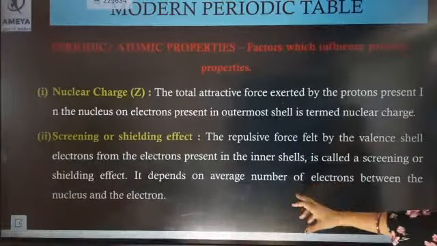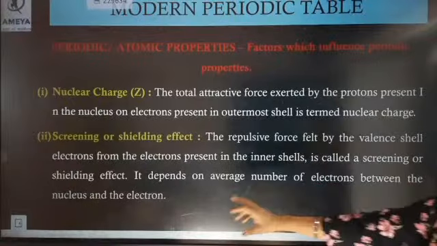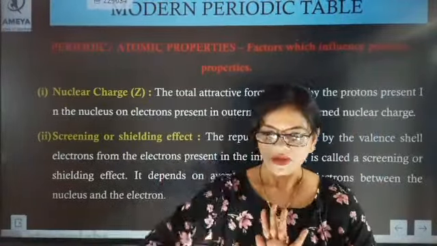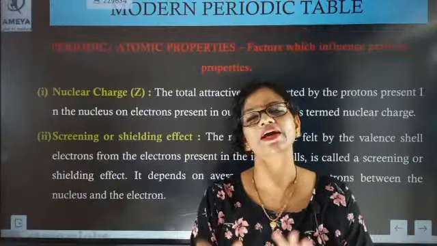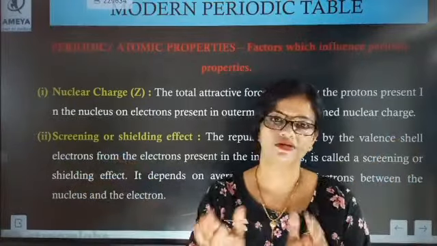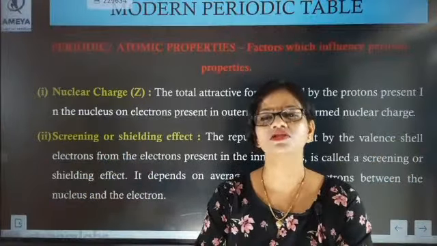It depends on the average number of electrons between the nucleus and the electron in the valence shell. So how much repulsive force there will be depends totally on the inner orbit electrons. That is called the shielding or screening effect.